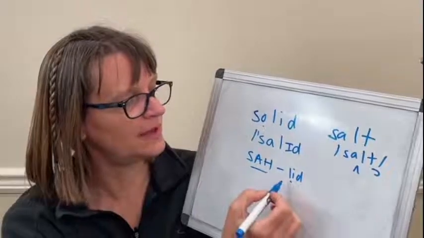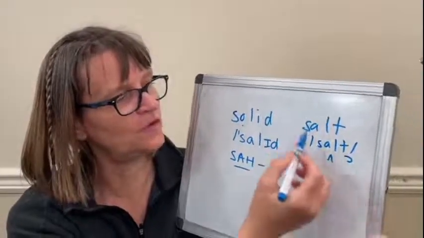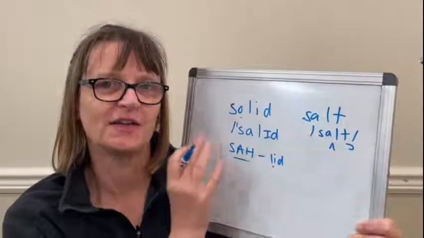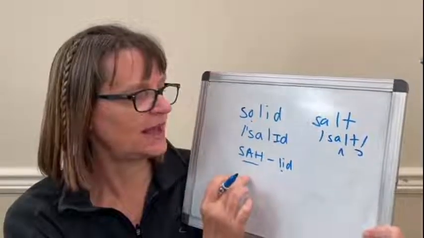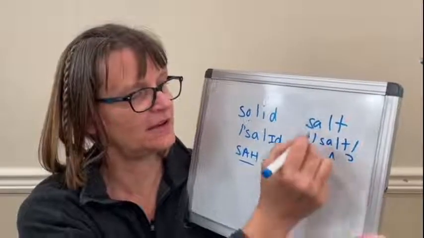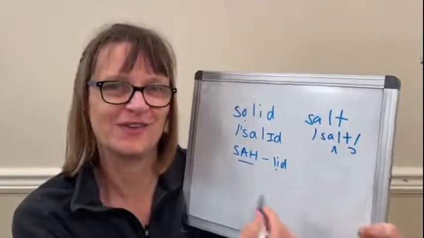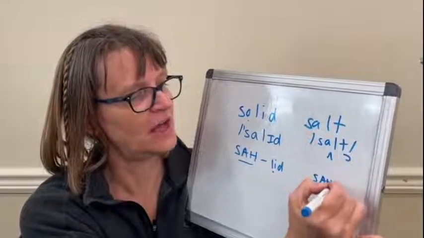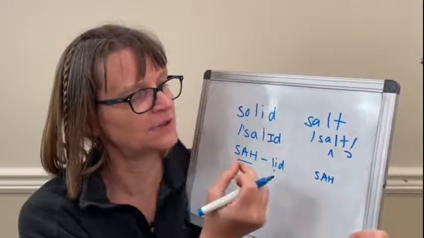So again, I would say for the viewer that was asking about this distinction, what you want to notice is that solid, you're going to have two clear syllables. Salt, you're going to have that letter L really affecting how you say that vowel sound. So you're still going to be in the salt vowel, but not open.